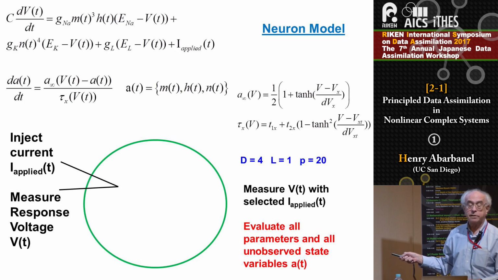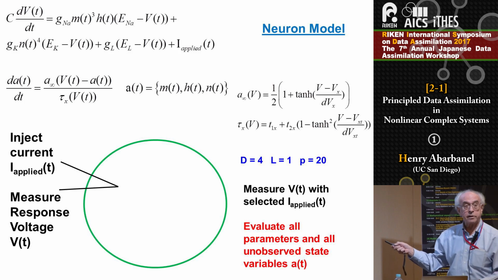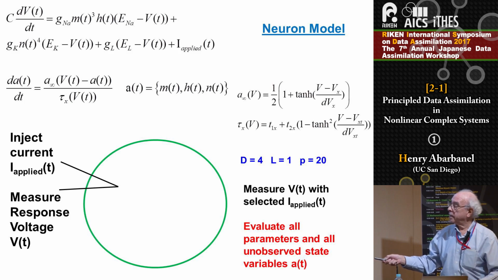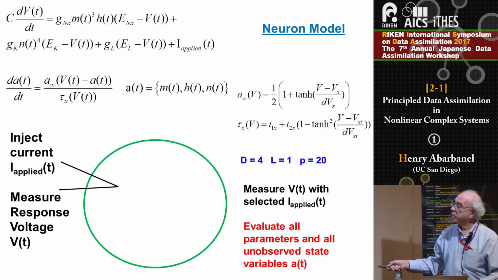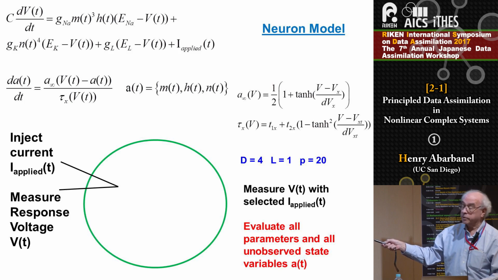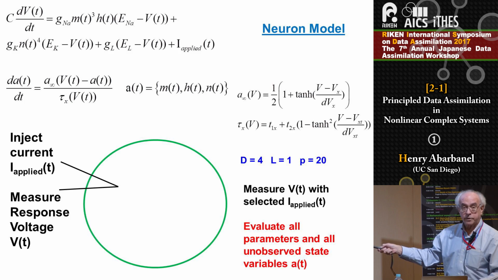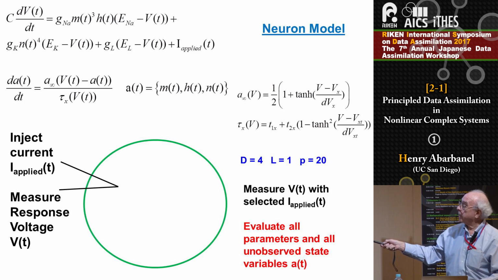And how do we test the model that we have constructed for the input-output properties of this neuron? We measure the time series of one quantity, the voltage. We infer, using the model as a nonlinear filter, the time series of the other 3 unobserved state variables, and all the parameters.